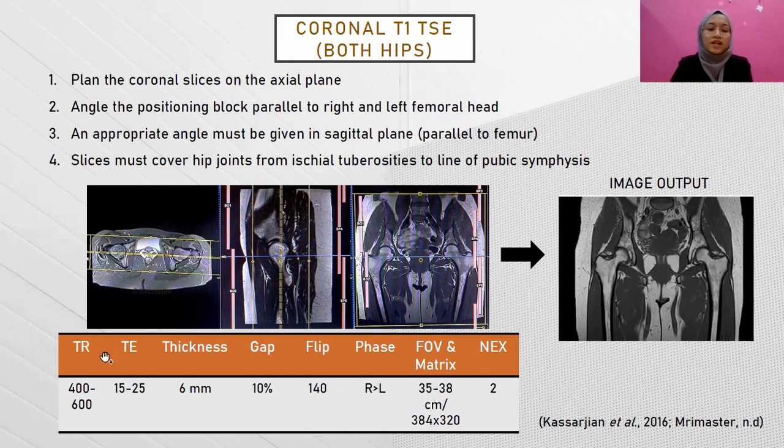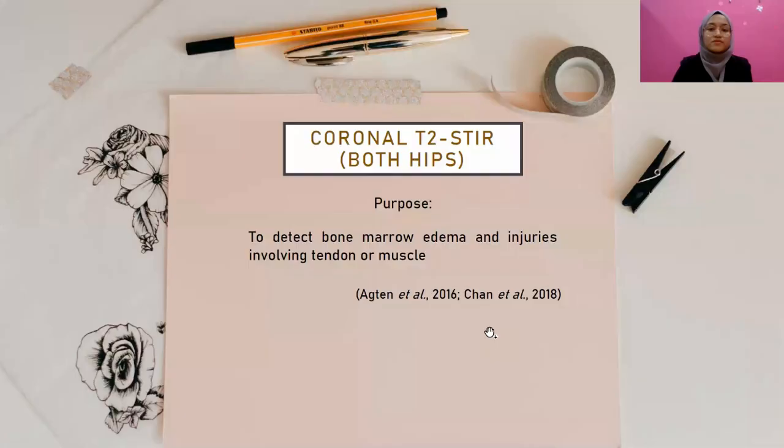The scanning parameters are TR 400 to 600, TE 15 to 25, thickness 6 mm, gap 10%, flip 140, phase right to left, FOV 35 to 38 cm, matrix 384 times 320, and NEX of 2.